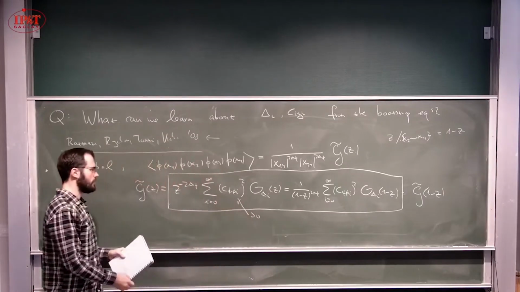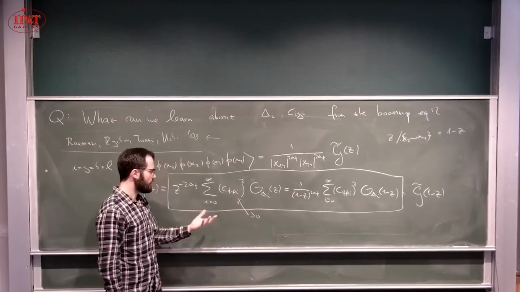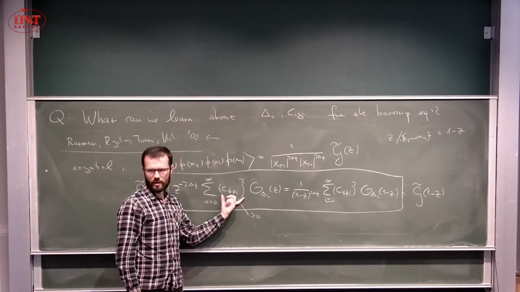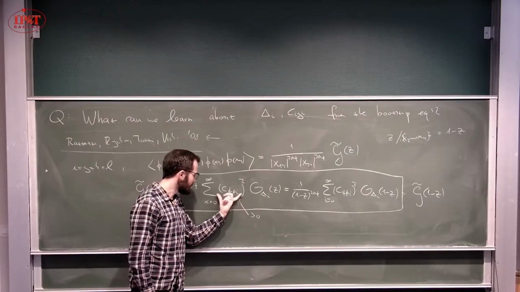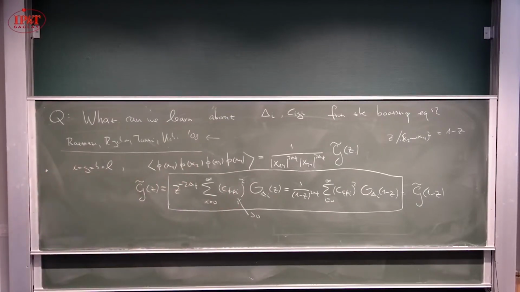But because C phi phi I is real, this square is positive, and it may very often happen that this equation for a given spectrum just does not have a solution with positive factors. So this is the reason why this equation can constrain the possible spectrum.